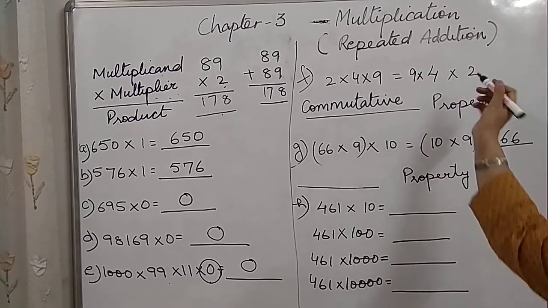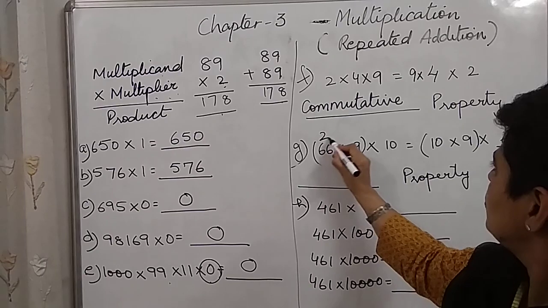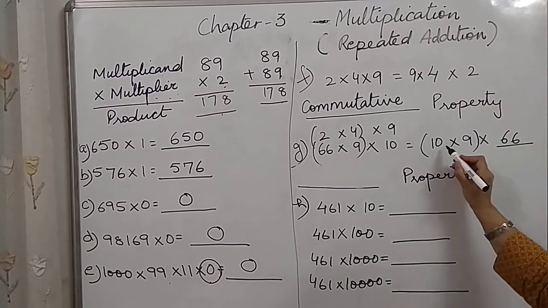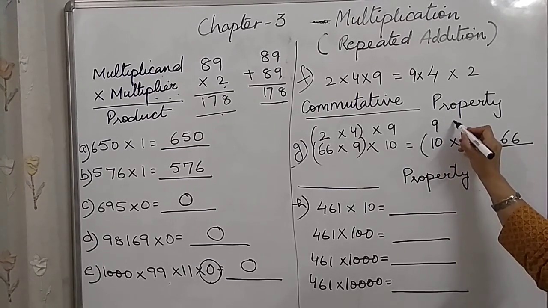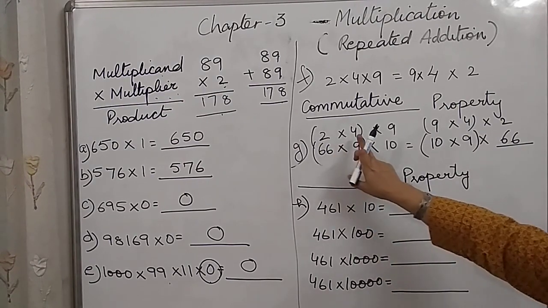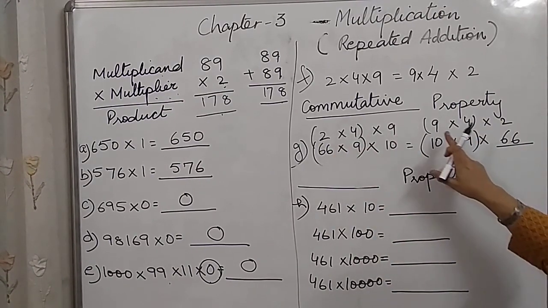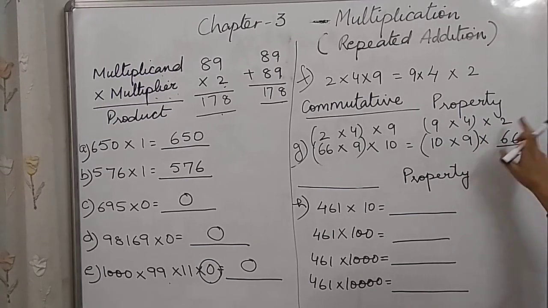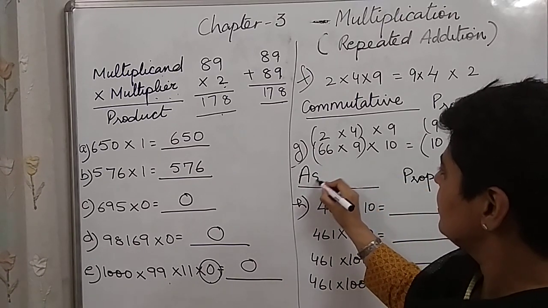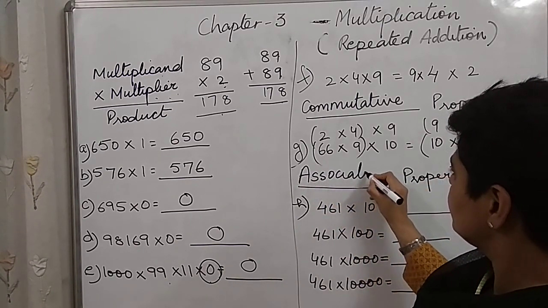Now let us solve it using the same digits. 2 into 4 into 9 is equal to 9 into 4 into 2. 2 fours are 8. 8 multiply 9, 72. 9 fours are 36. 36 into 2 again gives us 72. So, if we change the grouping of the numbers, the product will not change. And this property is said to be associative property.